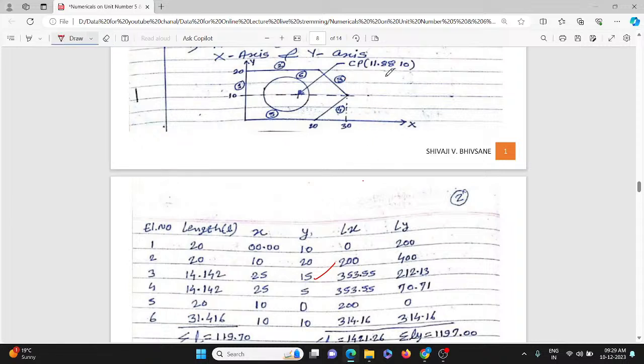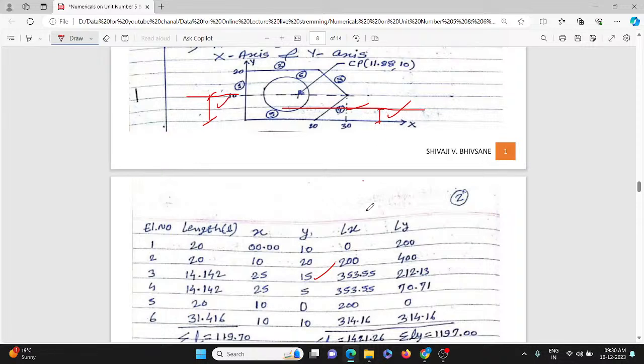So next one, that is element number fourth. The centroid of this particular fourth element will be somewhere else, that is in the middle. So this distance we have to calculate, and this distance we have to calculate there. We know this particular distance, that is 10.